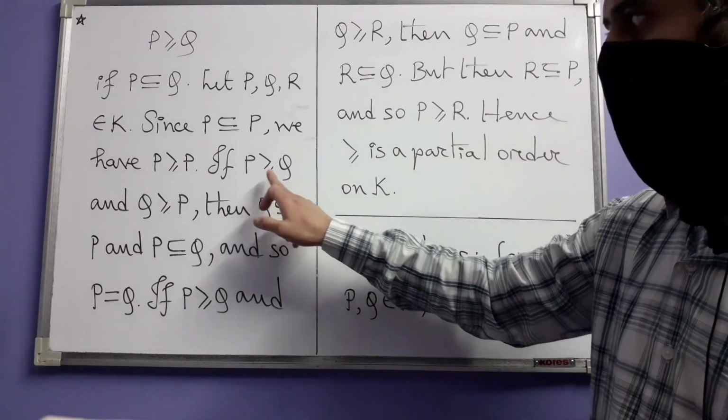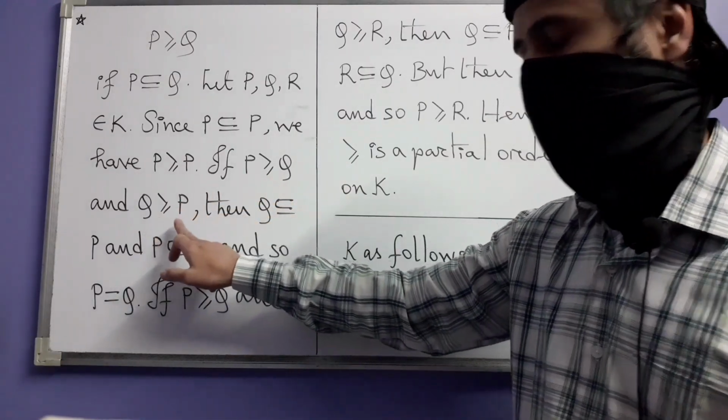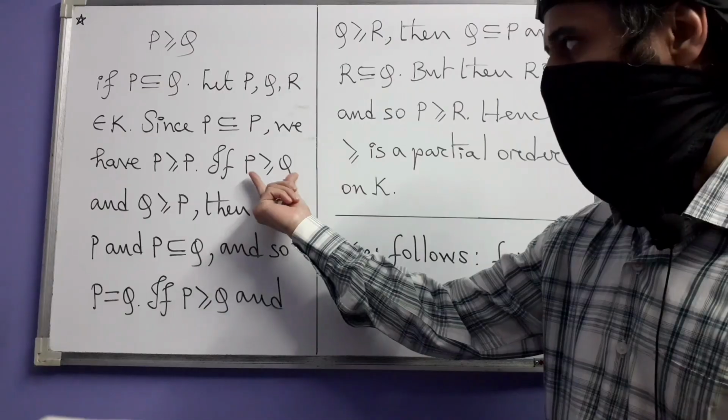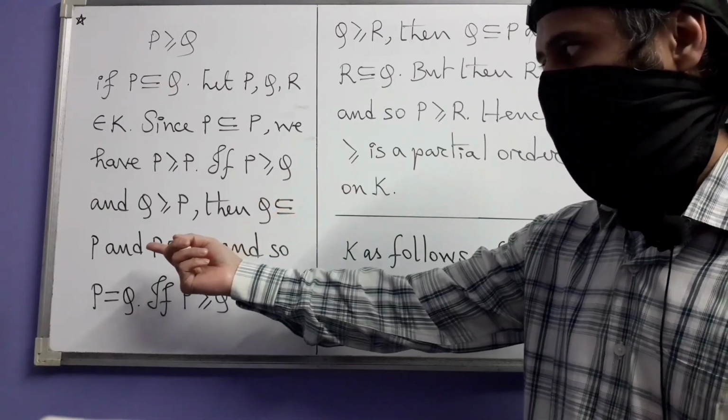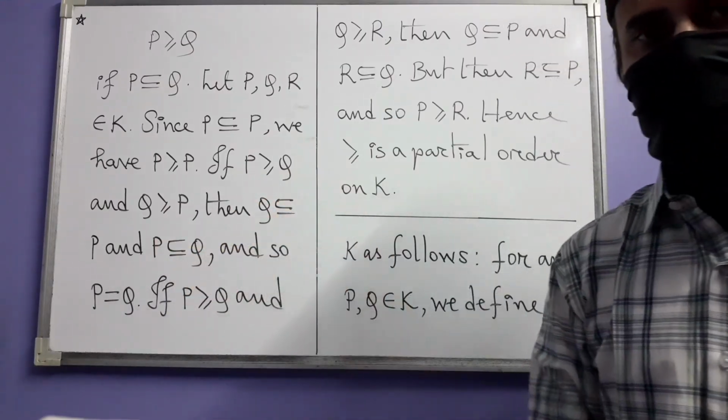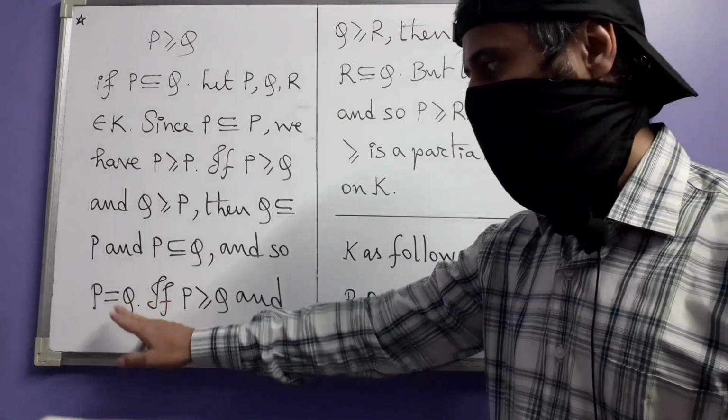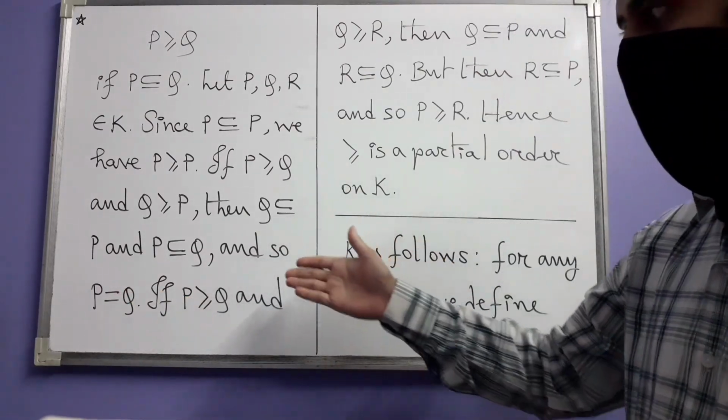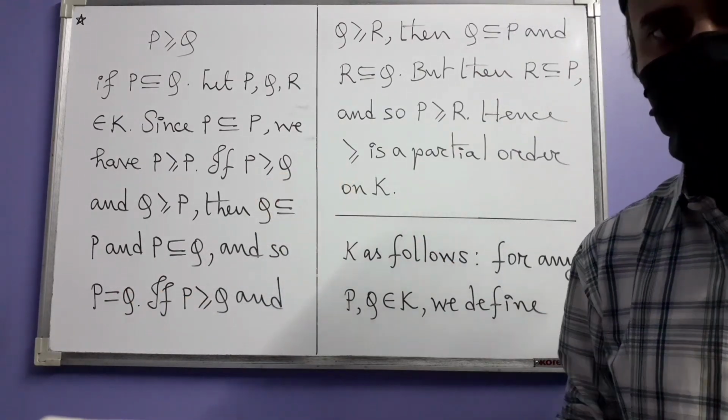Next, assume that P is greater than or equal to Q and Q is also greater than or equal to P. This means that Q is a subset of P, and this means that P is a subset of Q. So P and Q are equal as sets, and that's how our relation is antisymmetric.